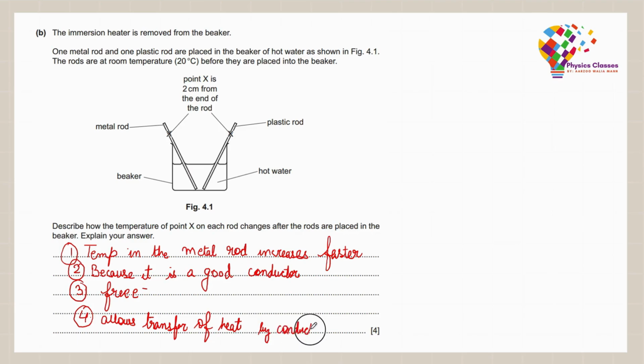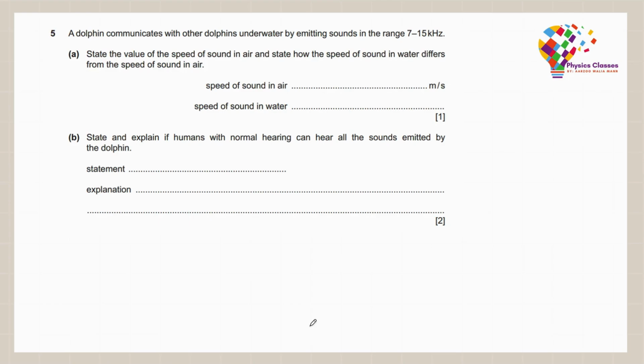Let's talk about question number 5 now. A dolphin communicates with other dolphins underwater by emitting sounds in the range 7 to 15 kilohertz. State the value of the speed of sound in air and state how the speed of sound in water differs from the speed of sound in air. So the speed of sound in air can be anywhere between 335 to 340 meters per second.